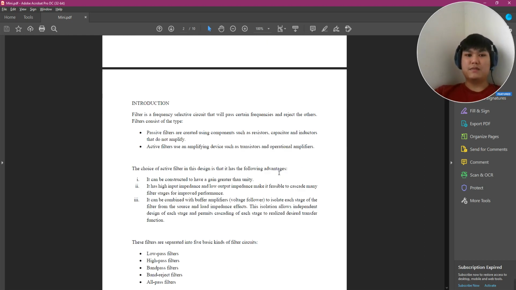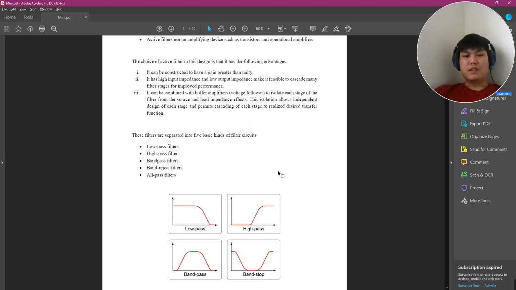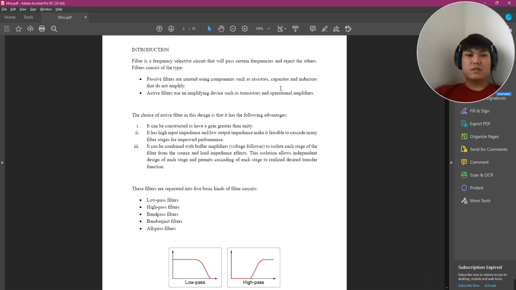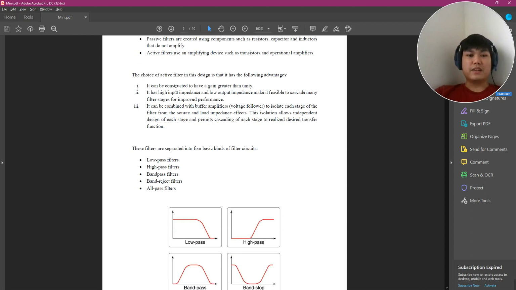In this video, I will be using an operational amplifier. A passive filter does not use any amplifying device, only components such as resistor, capacitor and inductor.